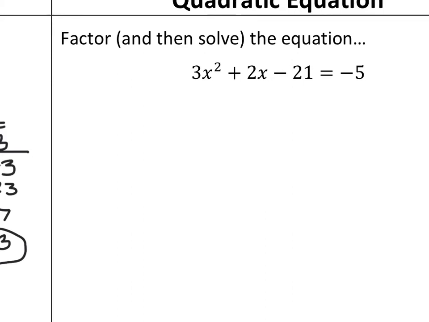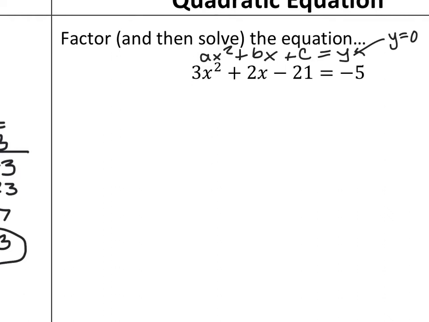So our goal is to try and put, I'll just use it more generically, ax squared plus bx plus c equals our output, and we're actually going to solve for our output when y equals 0.